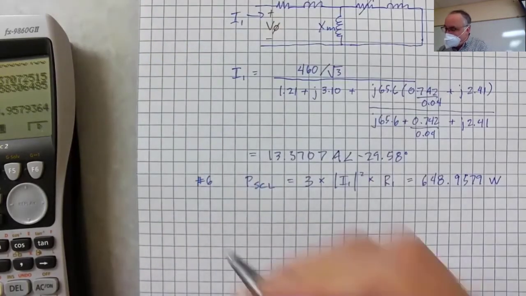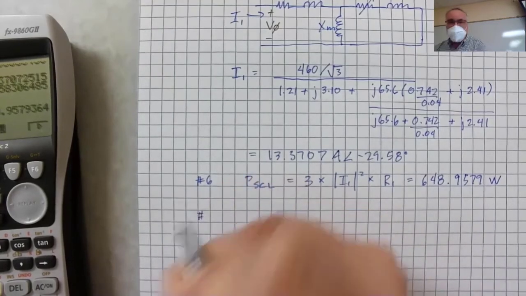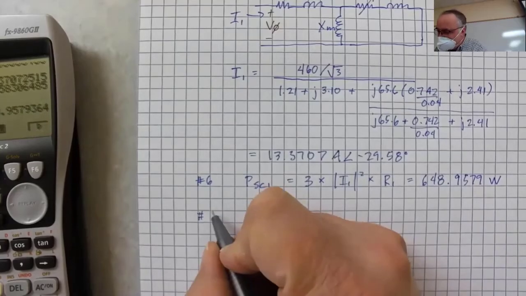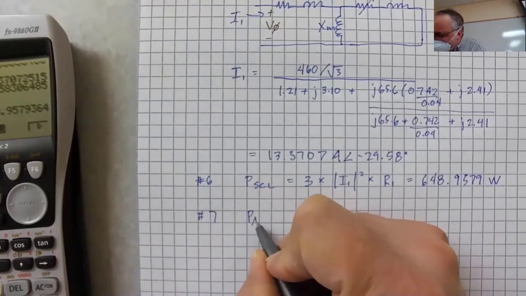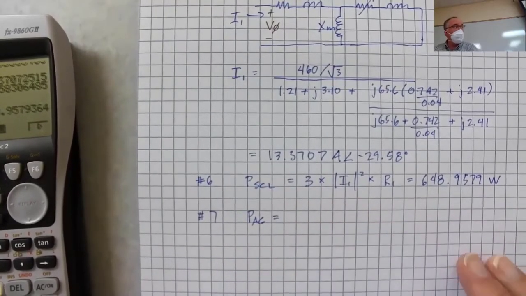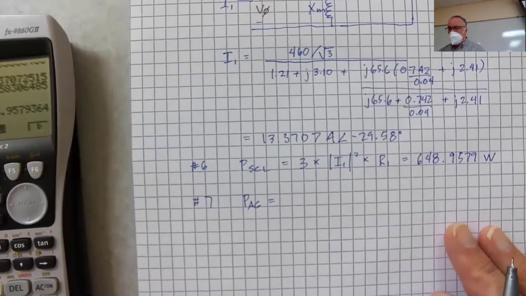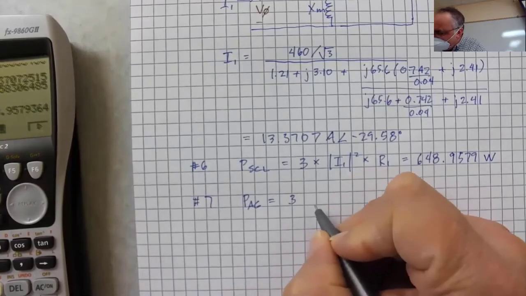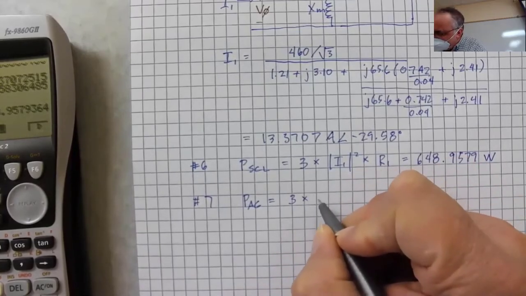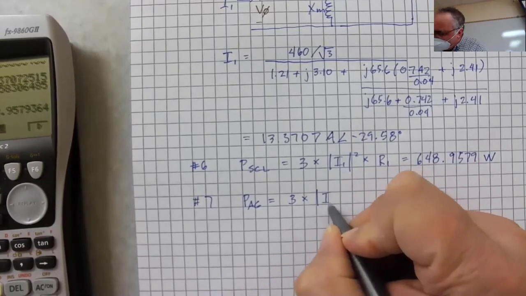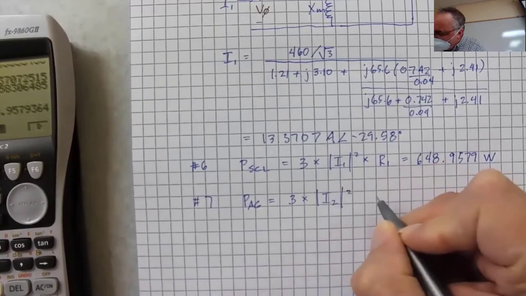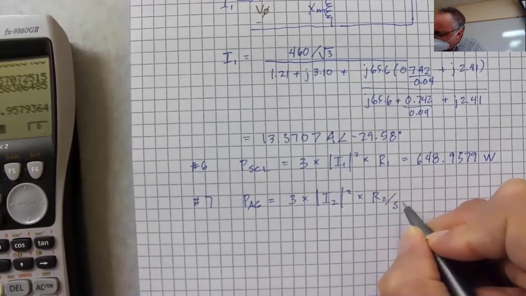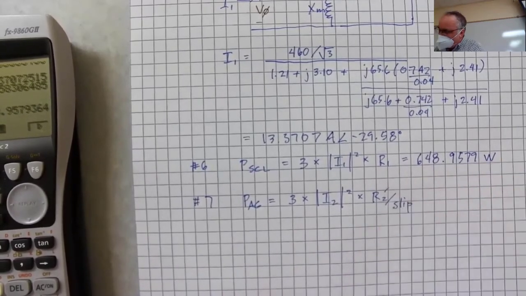Okay, air gap power, number 7. P air gap. Oh, we're almost out of time. But the air gap power is going to be 3 times the magnitude of I2 squared times R2 prime over slip.